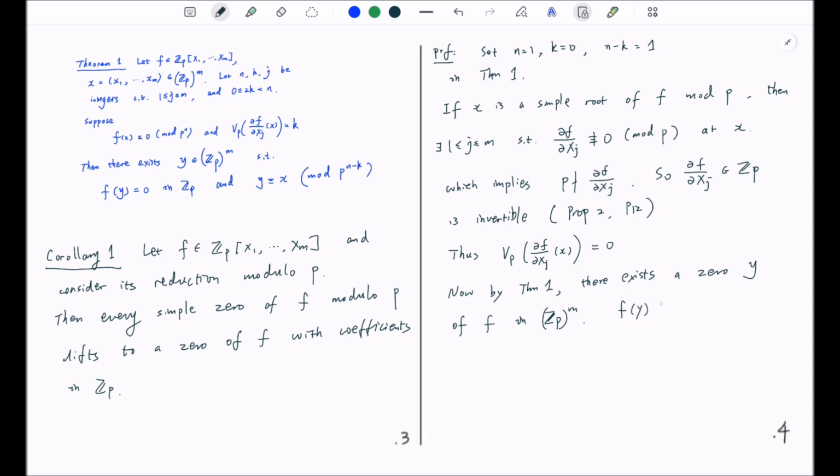Namely, f of y is equal to 0 in Zp, such that, now n minus k is equal to 1, so the conclusion corresponds to y is congruent to x modulo p. And this finishes the proof of the first corollary.